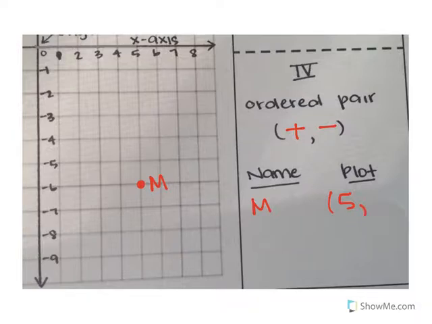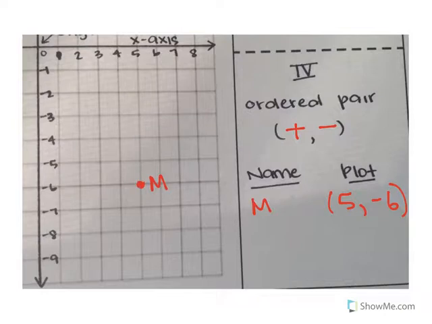And then to get down to that point, we must travel 6 units, or 6 spaces, down the y-axis. Because the y-coordinate is negative, and we traveled 6 places, or 6 units, then our y-coordinate for plot point M is negative 6. Giving us an ordered pair of positive 5, comma, negative 6.